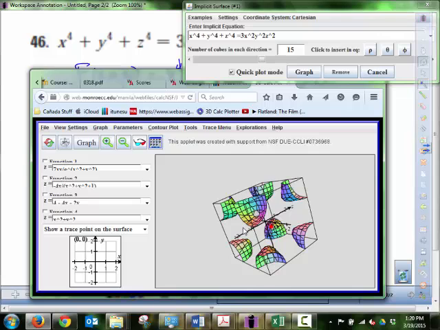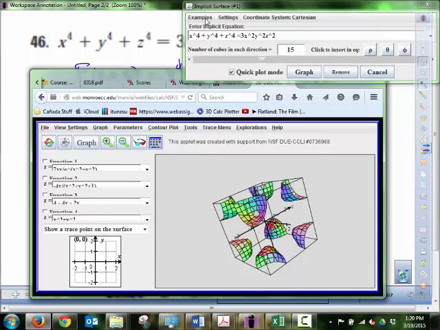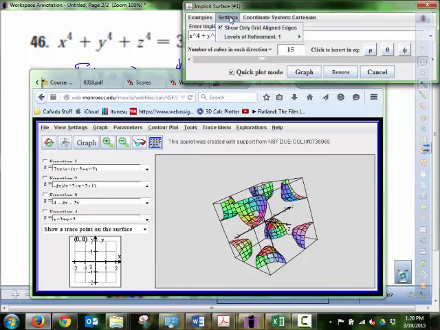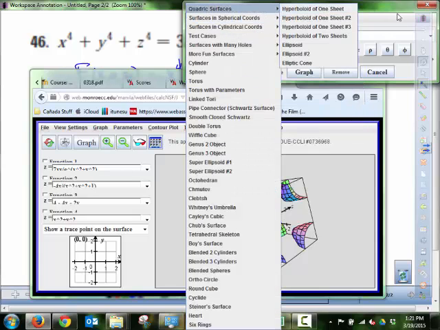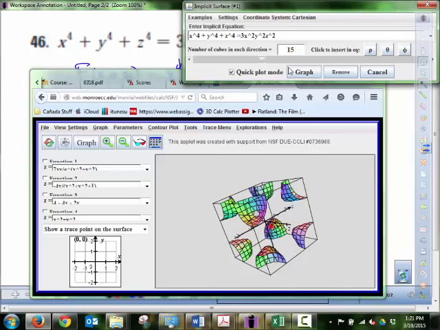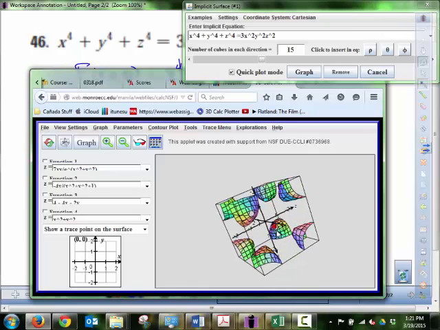You see it? I wonder if you can make this transparent. All right, I don't know if you can make it transparent. So this is it. We have that point over here from this point of view.